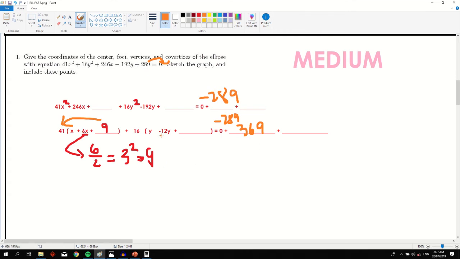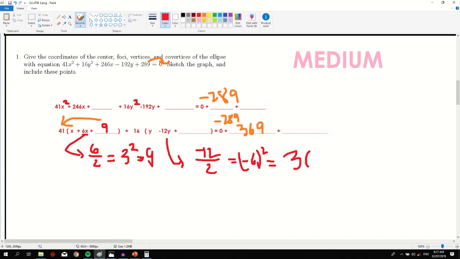Then next is this one. So to get that one, we will first take negative 12 divided by 2, which is equal to negative 6, then we square that. It is equal to 6 times 6, 36, but there's a negative, so negative times negative, yeah, correct.